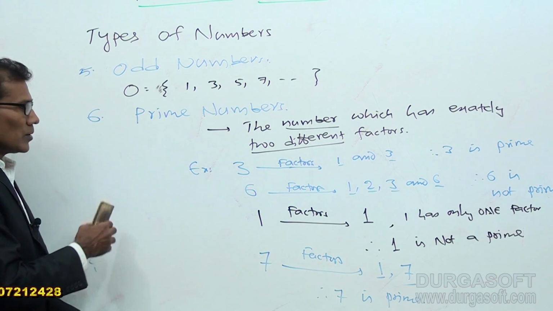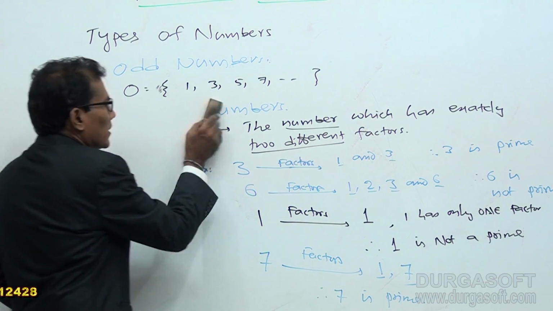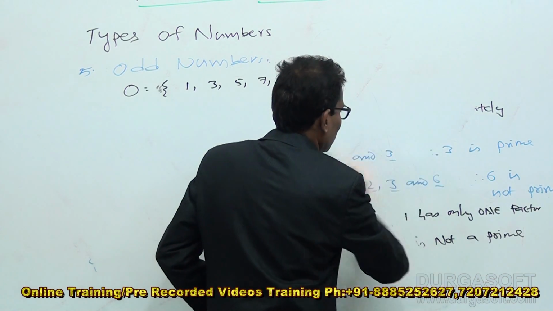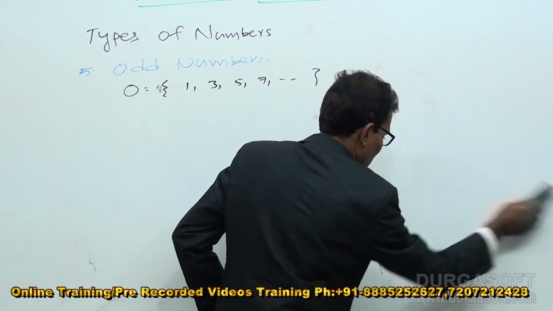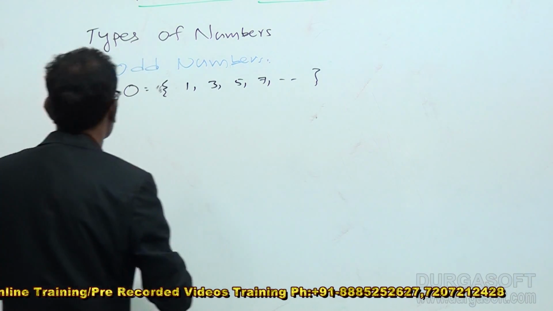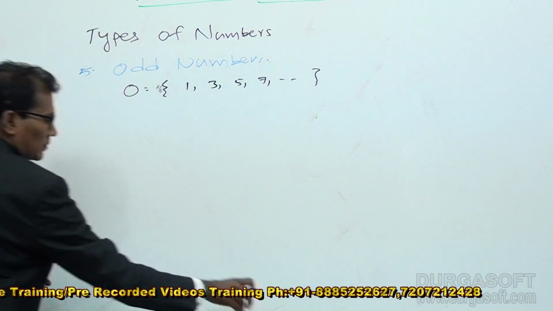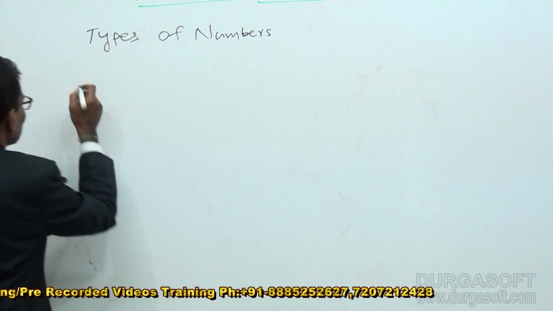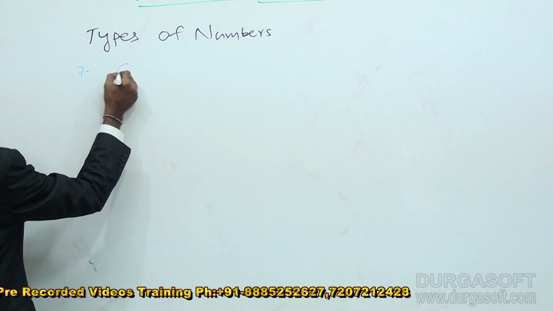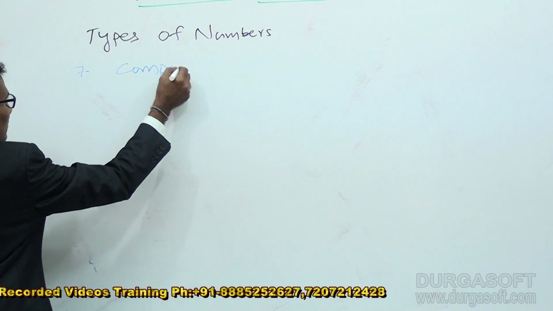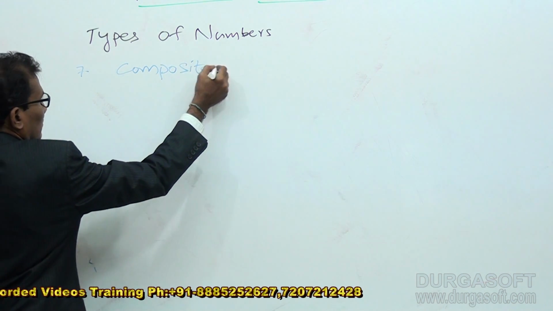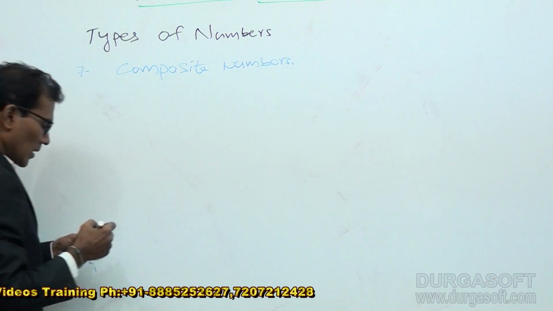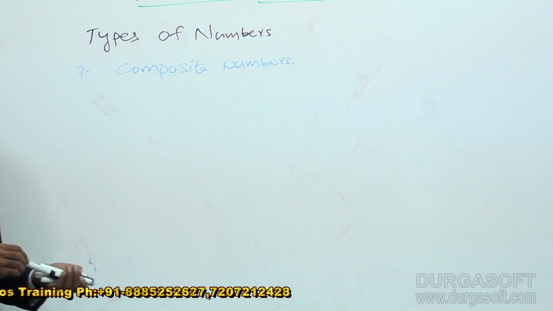And next, coming to the next type, composite number. What are the composite numbers?